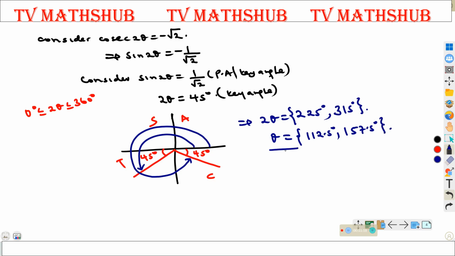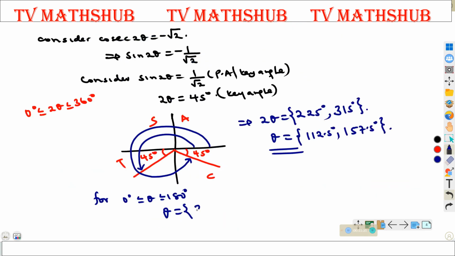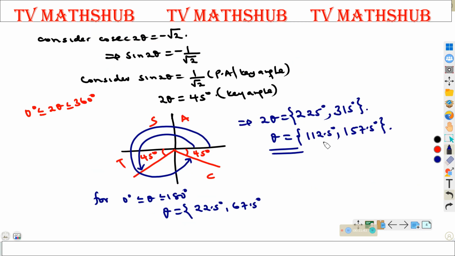So that is basically what we shall have for cosec of 2 theta equaling that. In general, for 0 degrees less or equal to theta less or equal to 180 degrees, we now get all the angles as values of theta: 22.5 degrees, 67.5 degrees, then the next one is 112.5 degrees, and lastly 157.5 degrees.